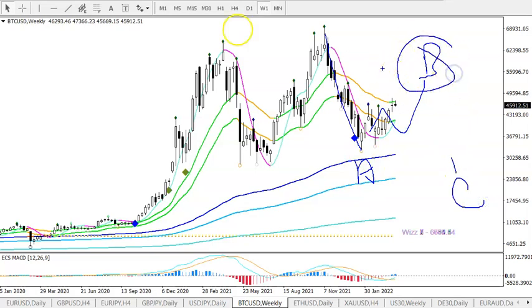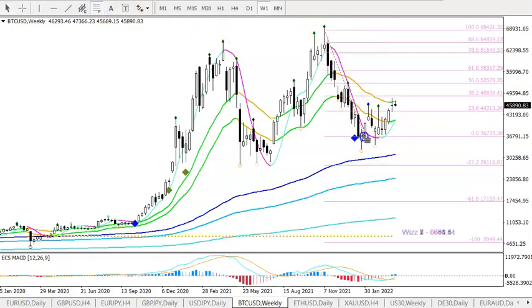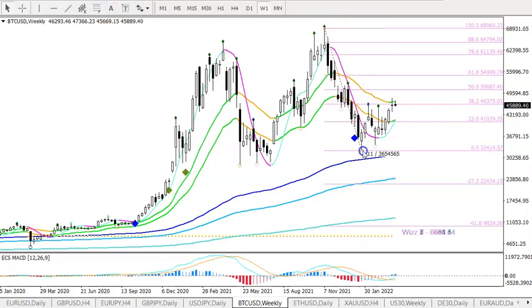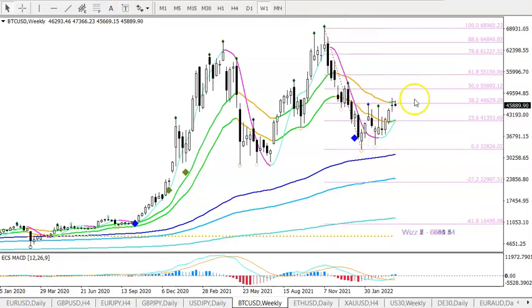Where this wave B can finish could be at any of these fibs right here. Even the 38, but that's a very shallow fib. I don't expect that for the moment. I think the 50, 61, maybe even 78 or 88, or maybe even the previous top. Difficult to say which one of these will be used.